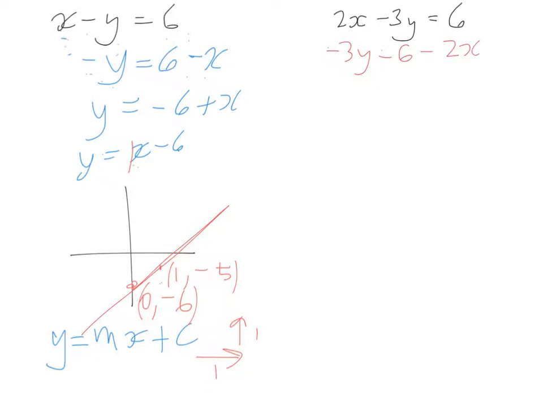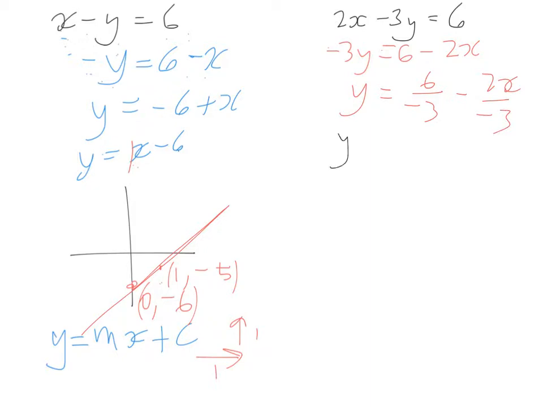Now from here, what we want to do, because we always want 1y, we've got to divide both sides by negative 3. So I'll write that step down, so that'll be y then equals 6 over negative 3 minus 2x over negative 3.